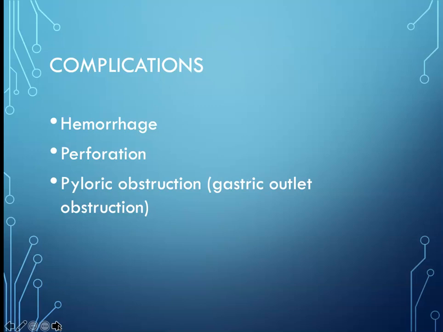And so with the EGD, they are able to either cauterize the bleeding area, or if it's not possible to cauterize, these patients can undergo surgery, like we mentioned before, because with continued bleeding, the patient will end up being anemic, and that will not be good.